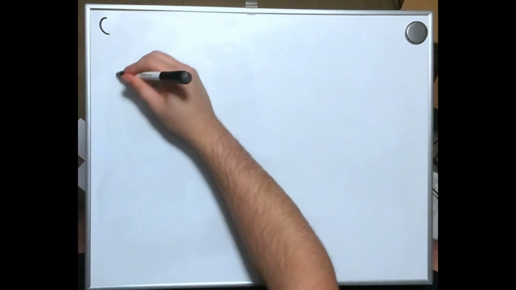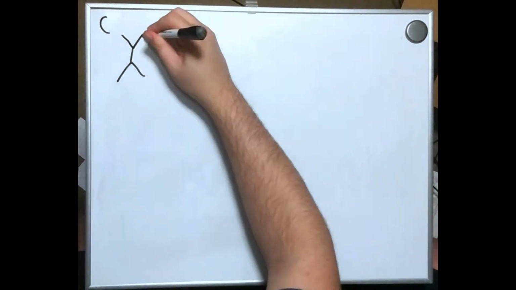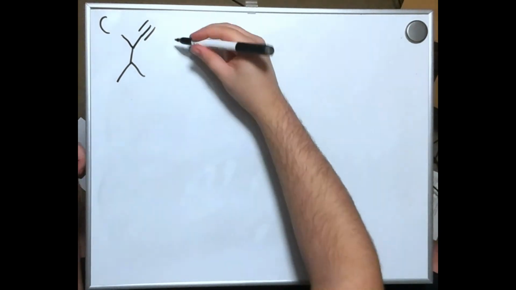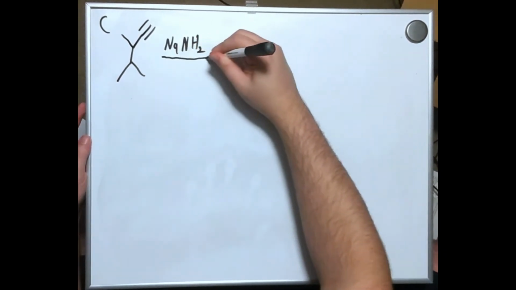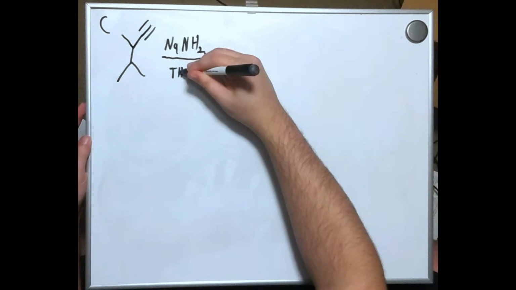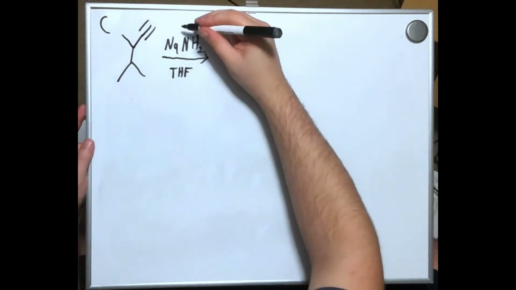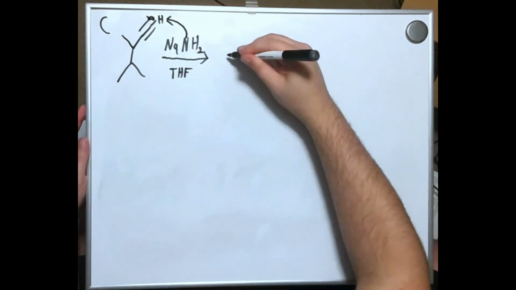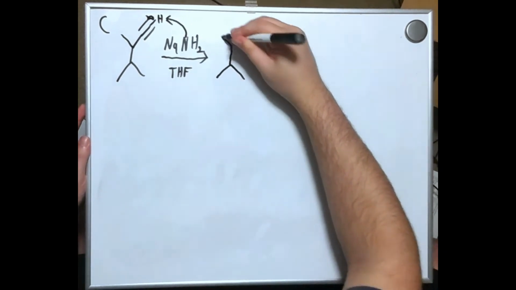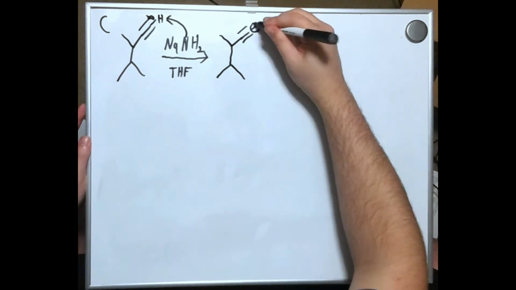The third problem, C, has us working with 3,4-dimethylpentyne, and wants us to create 4,5-dimethyl-2-hexene. This one's actually pretty simple. We'll start by using sodium amide to deprotonate the terminal alkyne.